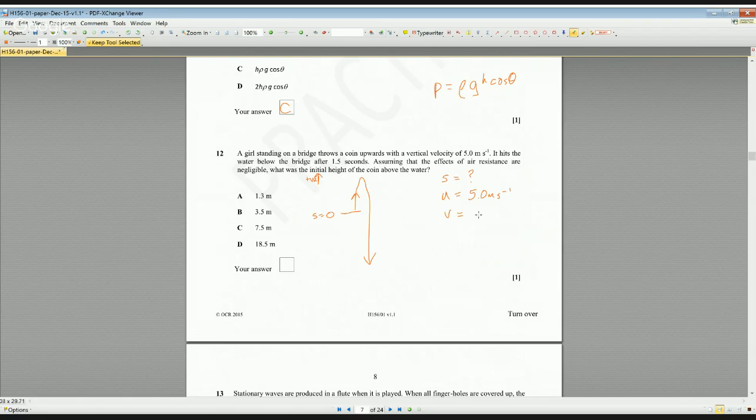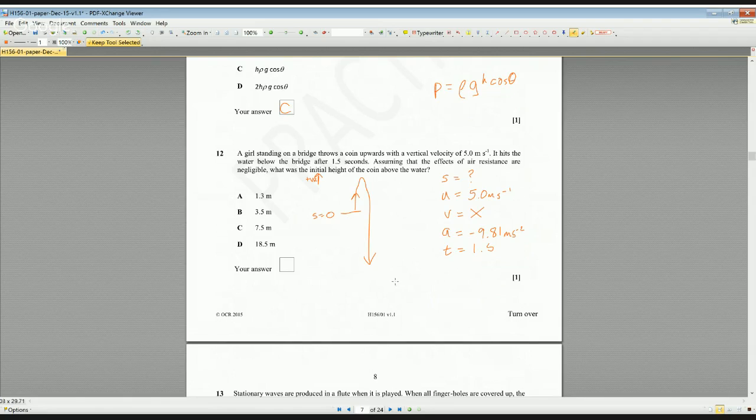V, we don't care about. We're not interested in V. The acceleration, now be careful here, the acceleration is negative 9.81 meters per second squared. The reason it's negative is because the acceleration is acting down, and we've said that positive is up. And T, we know it takes 1.5 seconds.